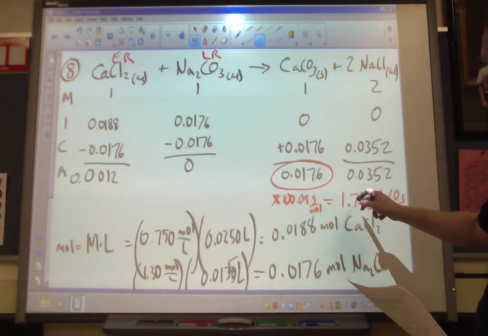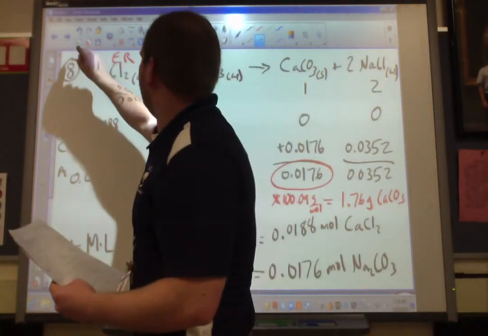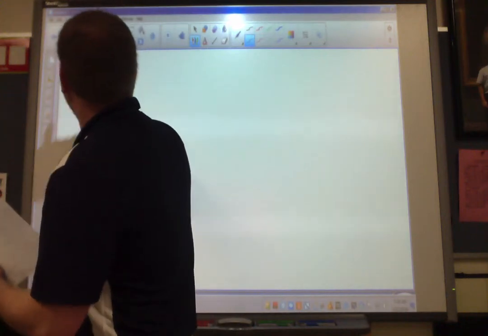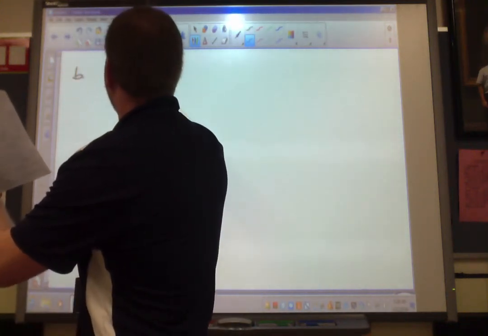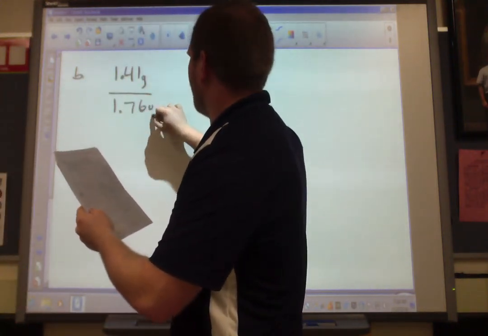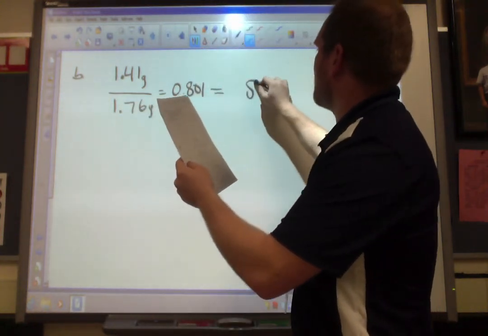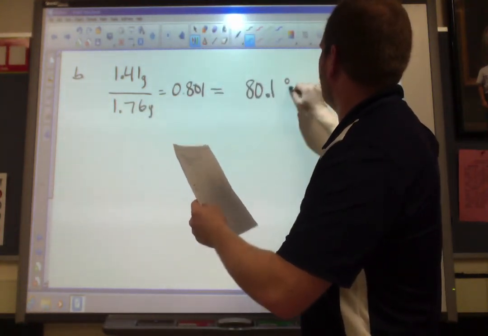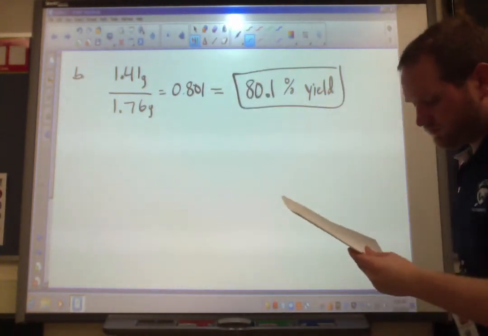So that's my theoretical yield. That's how much could form in theory. So letter B is my actual yield, 1.41 grams, divided by my theoretical yield, 1.76 grams, which equals 0.801, which equals 80.1% yield. Okay.